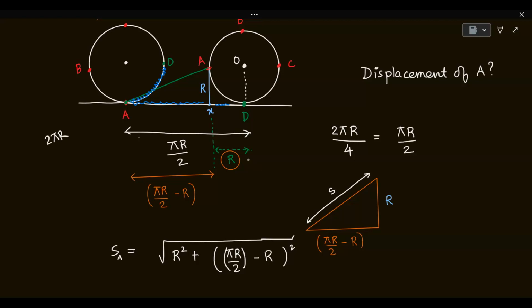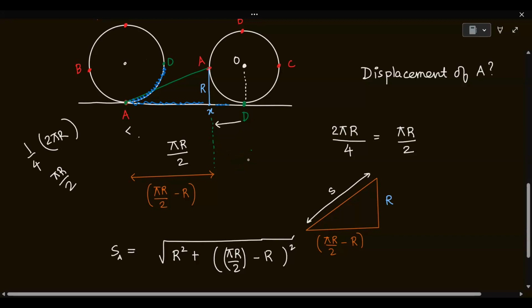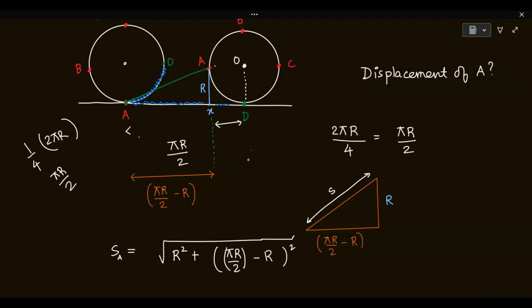And A to D distance is actually 1/4 of the total distance. Why? Because I can break it into 4 parts, 1, 2, 3, 4. So A to D distance is 1/4 of 2 pi r, hence this total length is pi r by 2. But I want A to X distance. So the question was, is there a way to find out X to D distance? Well, X to D distance is capital R because X to D is same as A to O.